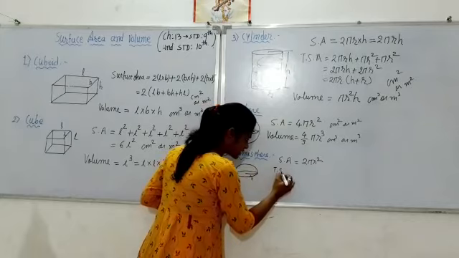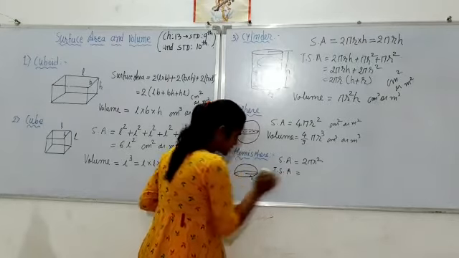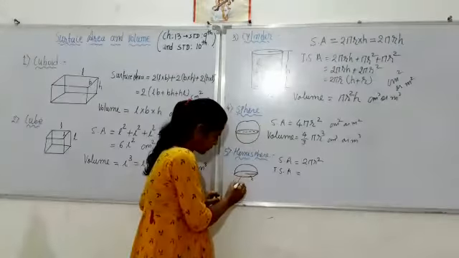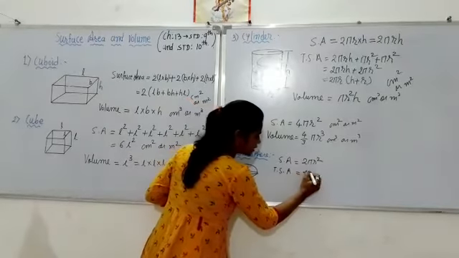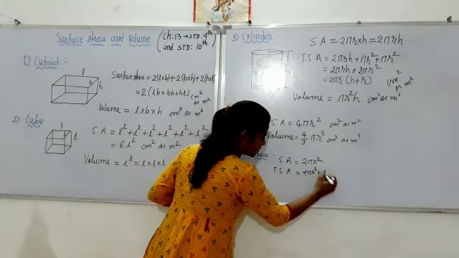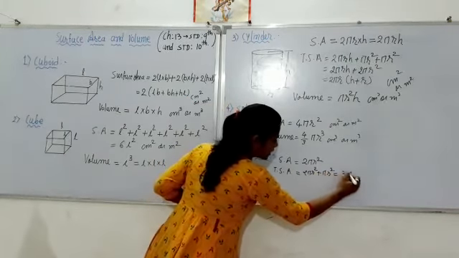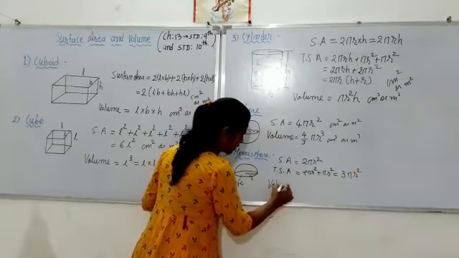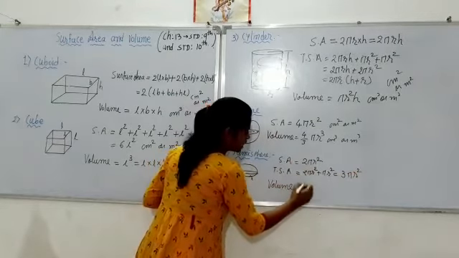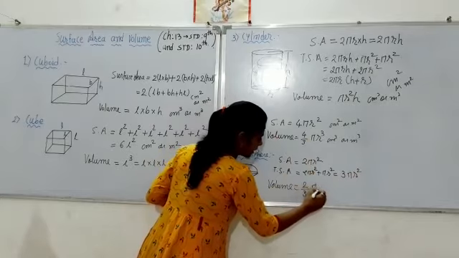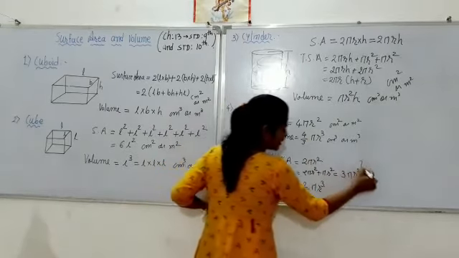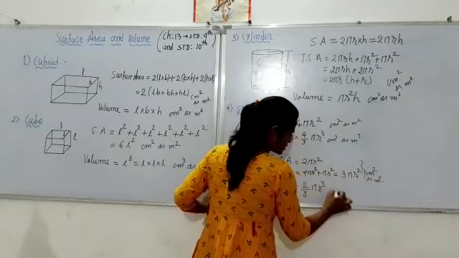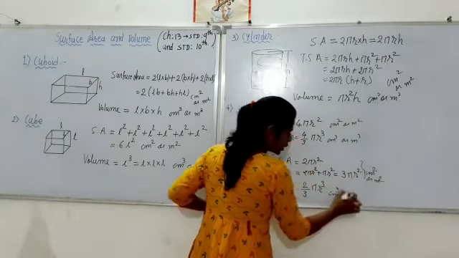And its total surface area is this plus this part, which is a circle, so its area is pi r square. So total surface area is 2 pi r square plus pi r square, which becomes 3 pi r square. And its volume is half of the sphere's volume, so half of this is 2 by 3 pi r cube. The unit is centimeter square or meter square, and for volume centimeter cube or meter cube.